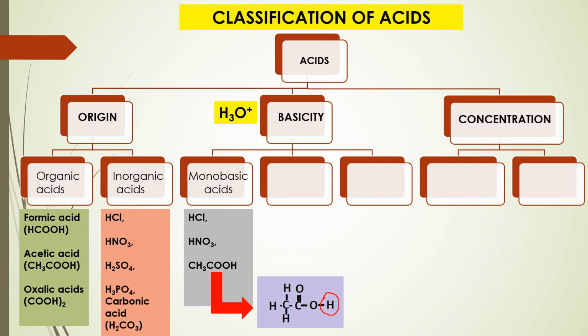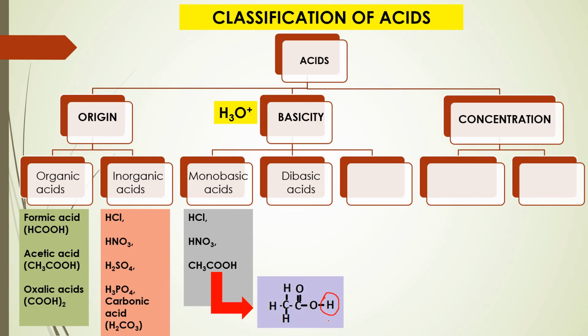Only one hydrogen atom gets ionized in aqueous solution to produce one hydronium ion. Therefore, although acetic acid contains 4 hydrogen atoms in one molecule, it produces only one hydronium ion. That is why it is a monobasic acid. Is that clear, students?